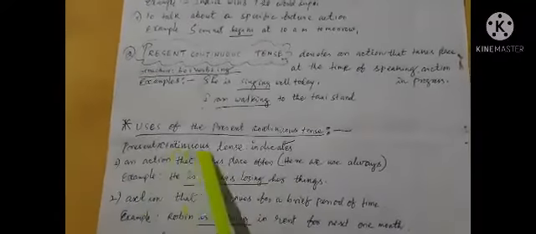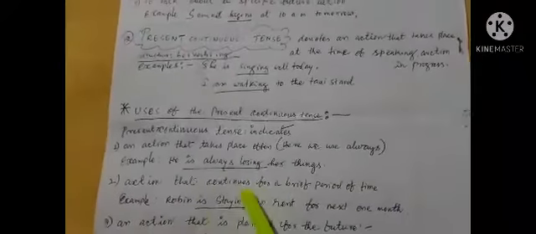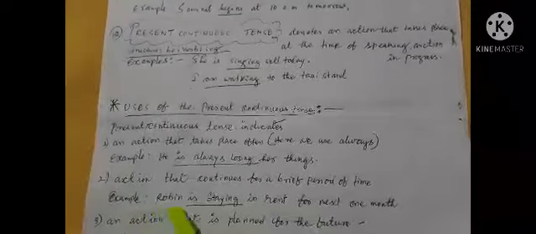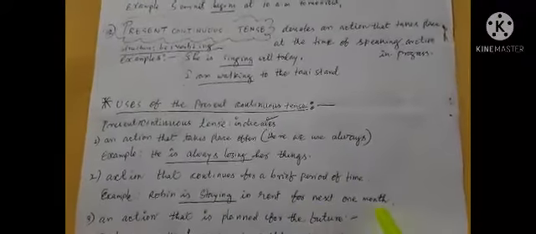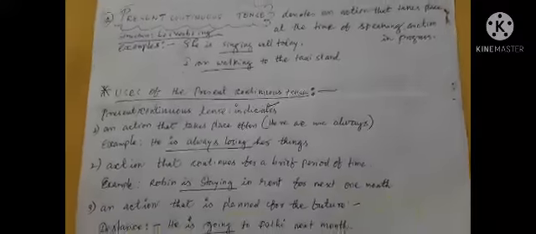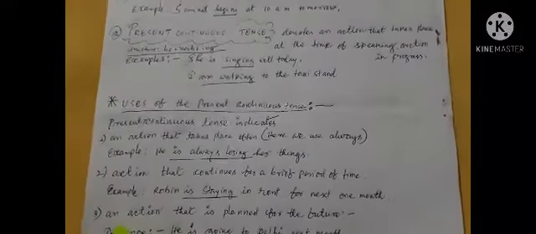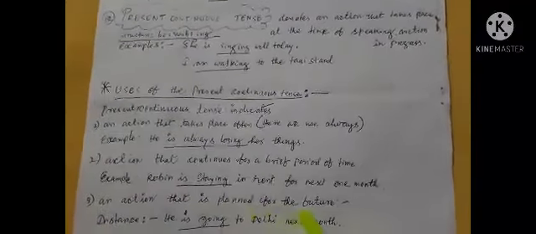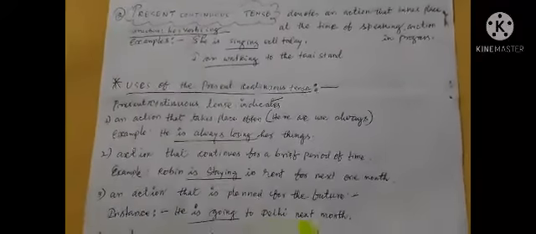Secondly, present continuous tense indicates an action that continues for a brief period of time. For example, Robin is staying in rent for the next 1 month. Thirdly, we use present continuous tense to indicate an action that is planned for the future. For instance, he is going to Delhi next month.